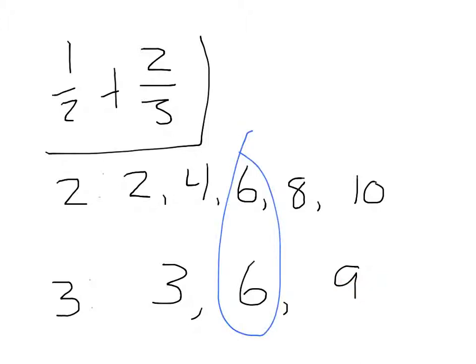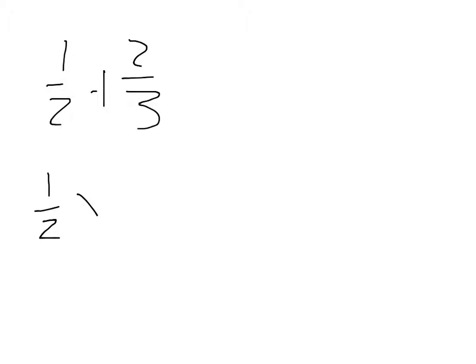Okay? And that's going to be our new denominator. So we still have 1/2 plus 2/3. But we're looking to see how we can get this to have the common denominator and add it. So 1/2 we're going to multiply by 3/3 to equal 6.